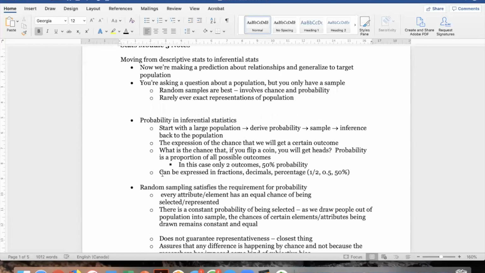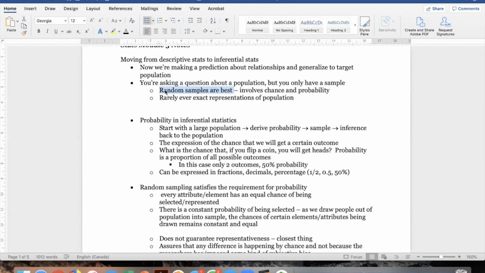So inferential stats. Now we're not talking anymore about just the relationships in general and how these two variables are related to each other, but we're making a prediction. We'll get into it more. Again, we've talked about random samples being the best for these, right?